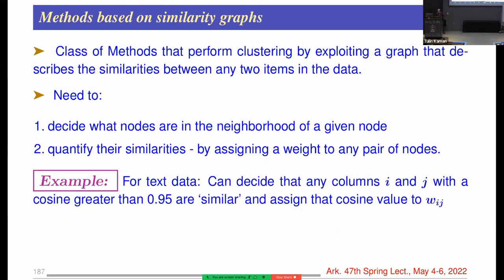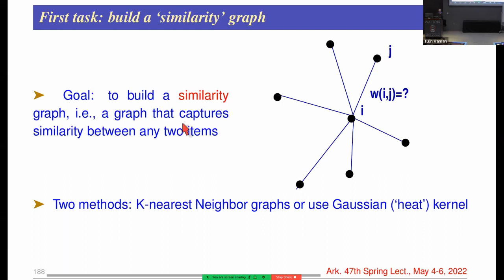So the next thing I will discuss is methods based on similarity graphs. So in order to be able to do many of the things we do in this context, we need to associate a graph with data. You call that a similarity graph. You have data, and you associate with it a graph. Okay. So let me just show the picture that I was mentioning here.